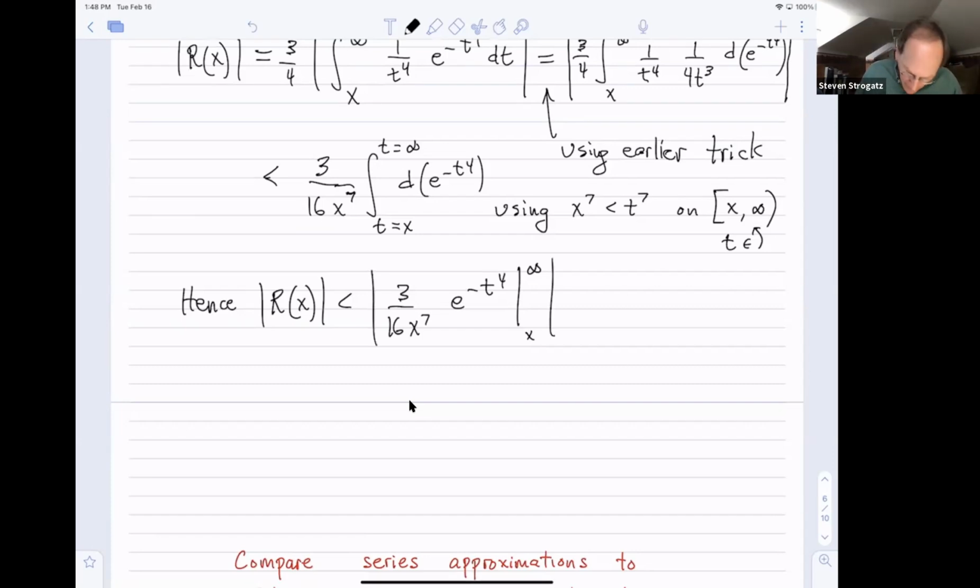So this gives me 3 over 16 x to the seventh, e to the minus x to the fourth. So there's an upper bound on the remainder.